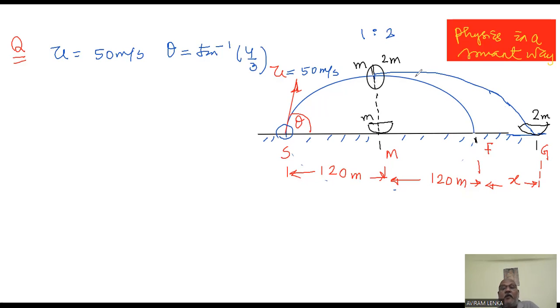At the highest point, I am again repeating the question, the stone breaks into two pieces in the mass ratio 1:2. If you desire, you can write it down.